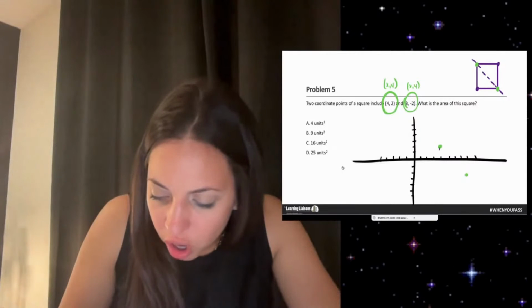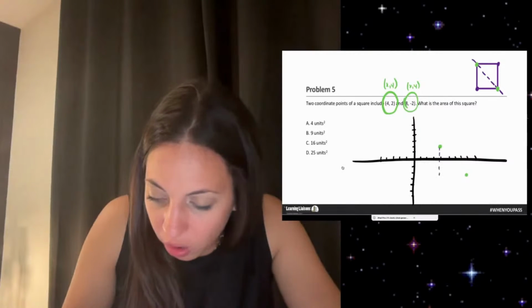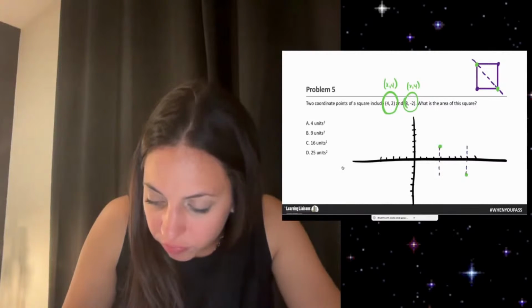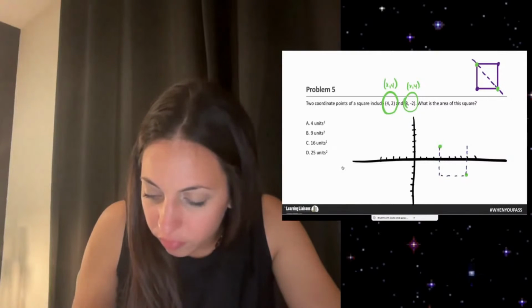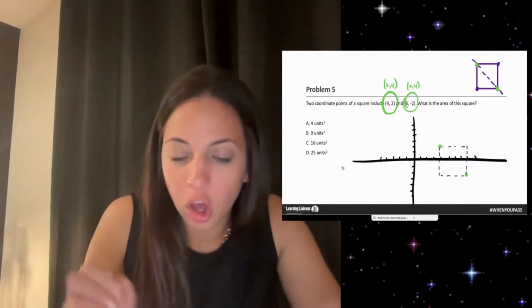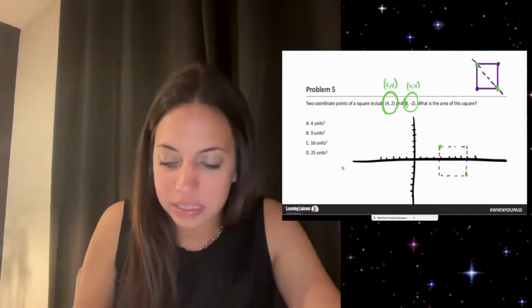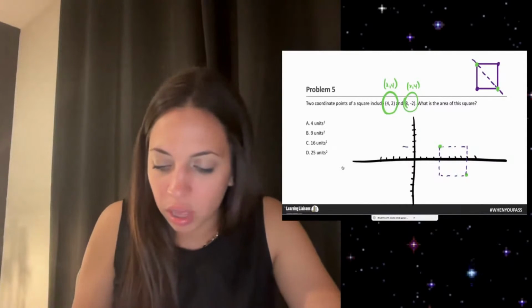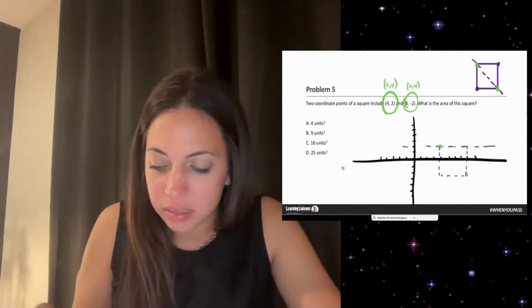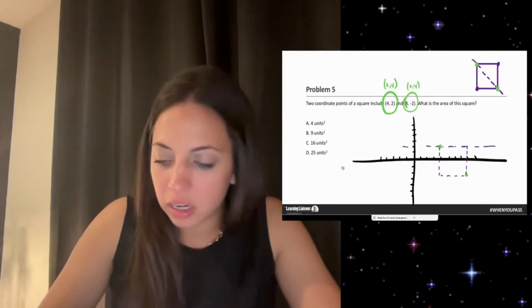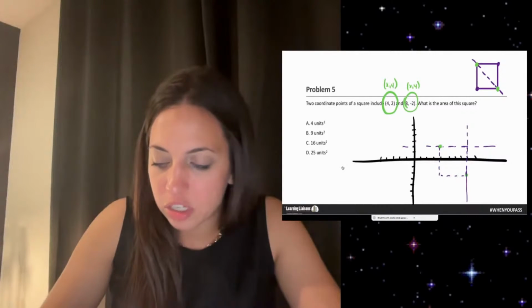So if I'm going to draw this square out, I know my other dot in the top right corner is going to lie on the same horizontal line as this green dot does. And I know it's going to land on the same vertical line as this green dot.